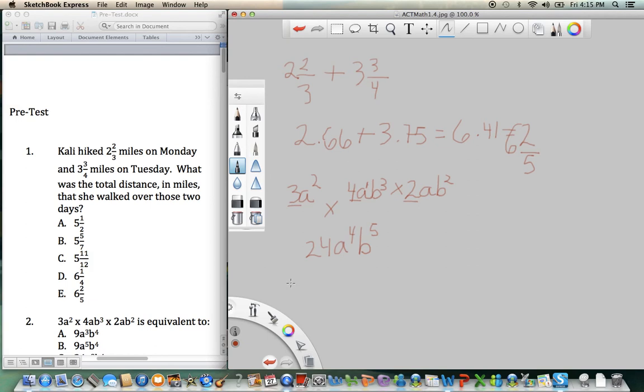Question number 3. This is an averaging question. There will always be an averaging question on the ACT. What we do on these, if you'll remember how to set up averaging, basically you take the number of items, and here we have 4 tests. 63 plus 72 plus 88 plus 91.